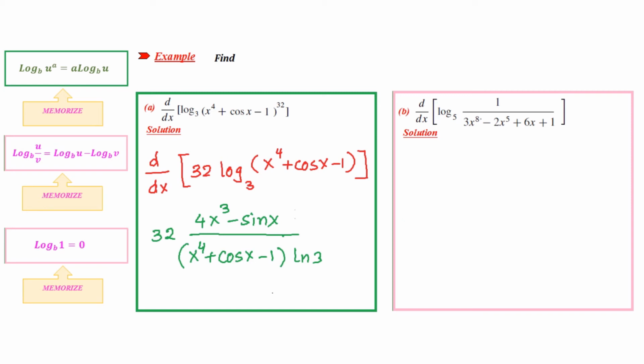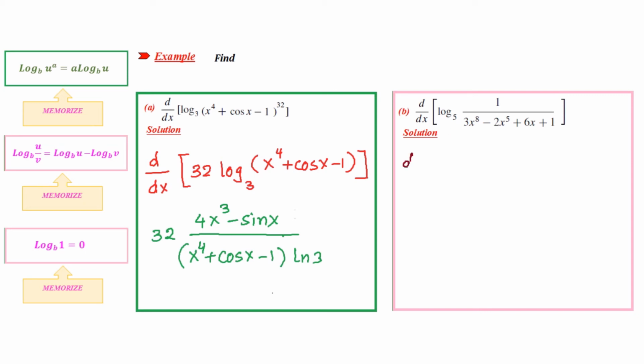For part B, we have log of 1 over (3x to the power 8 minus 2x to the 5 plus 6x plus 1). As you know, you can simplify first before you start finding the first derivative. When we have a division inside the log, you have to convert it to subtraction.